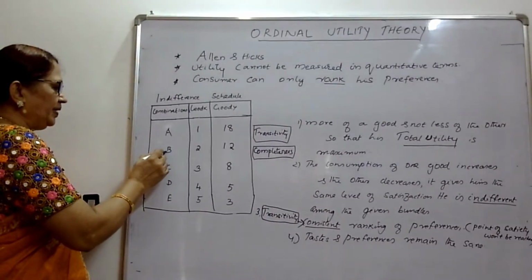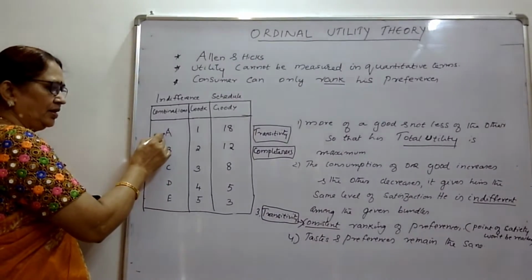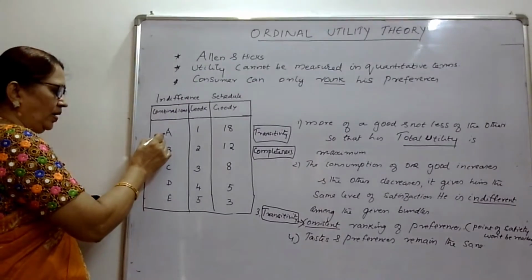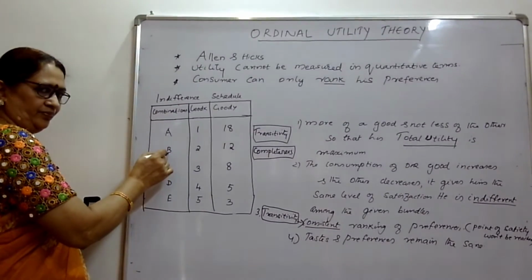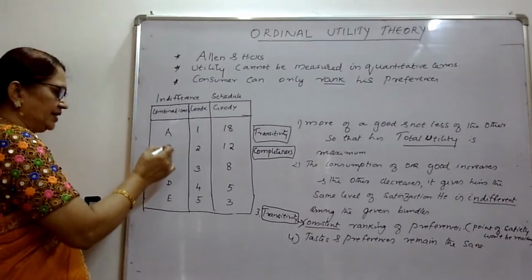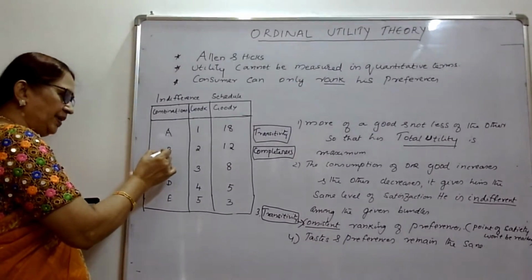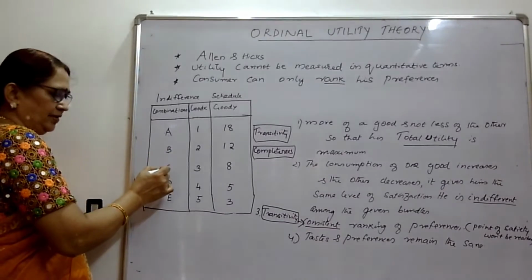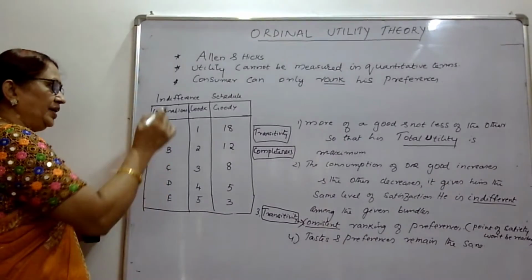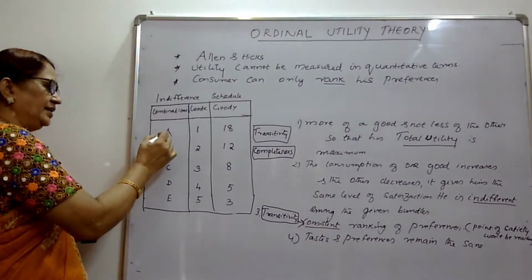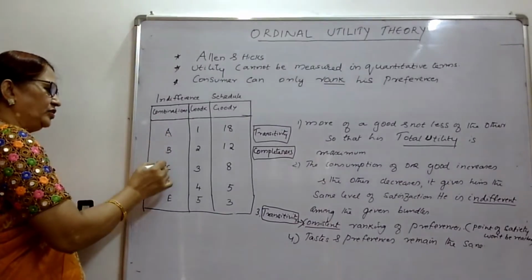He may prefer B to A, or C to B. Or we can say he may prefer A to B and B to C. Then ordinal utility theory says that he will prefer A to C also.